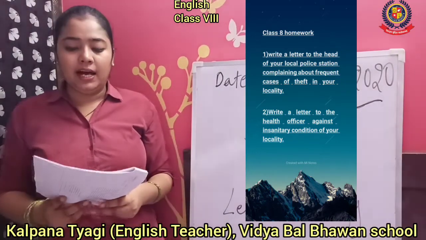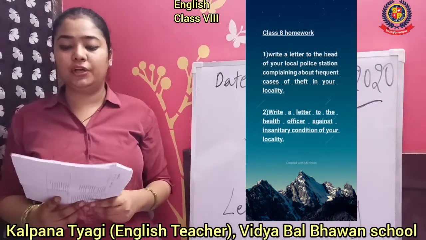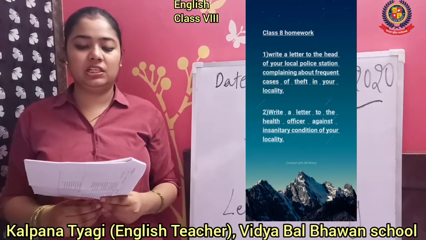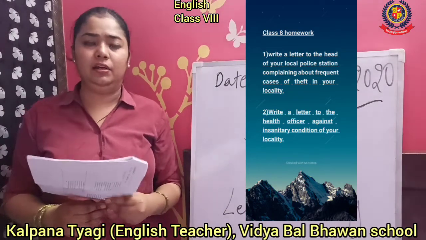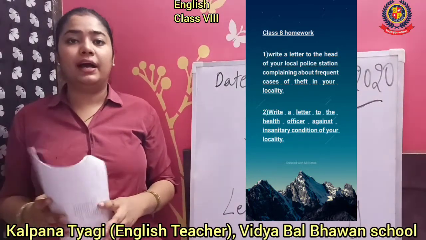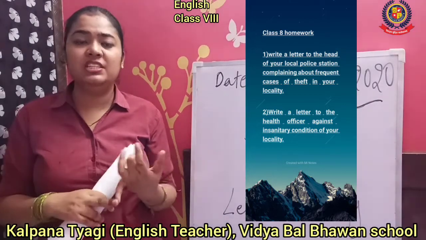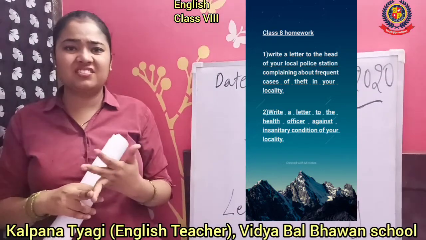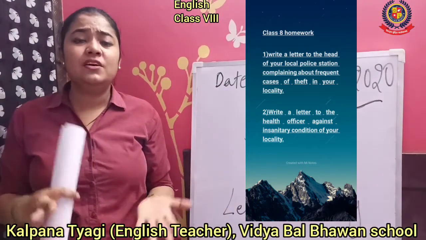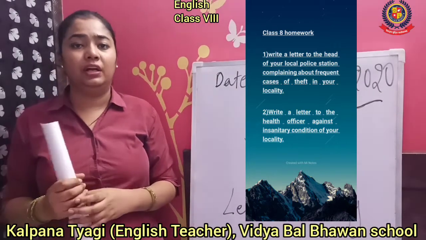Number 2. Write a letter to the health officer against the insanitary condition of your locality. Very easy letter. In this letter, you have to write about the very bad conditions of your streets, parks, corners and drains.